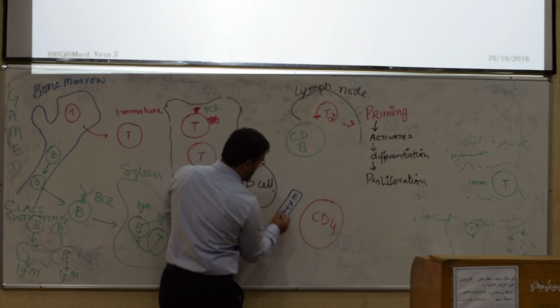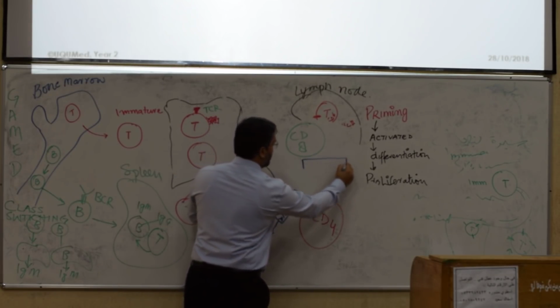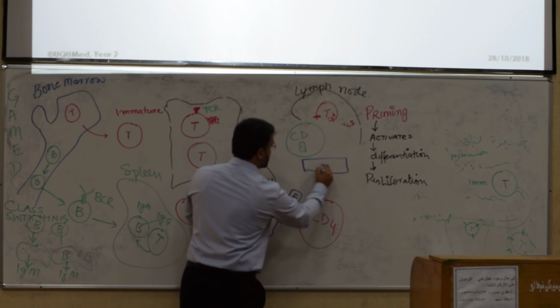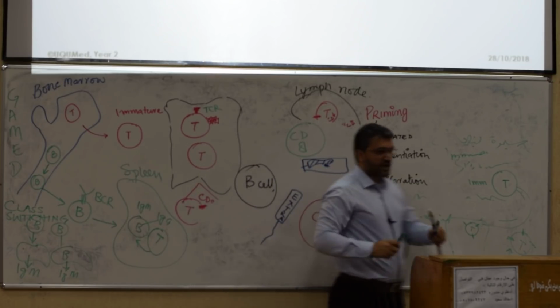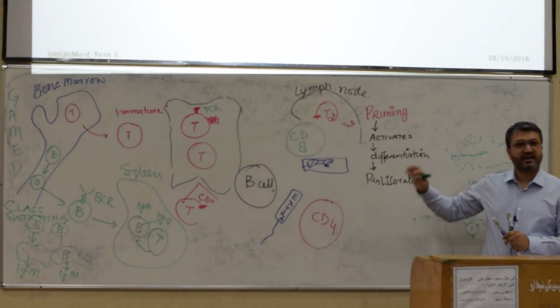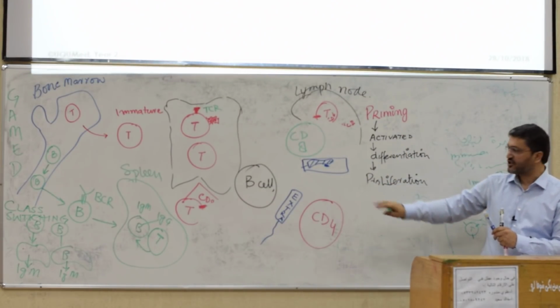This is the extracellular bacteria, and this one is dealing with a cell which has a bacteria inside it. So now they are all effector cells. They have all been activated in the lymph node. All are here in the tissue.